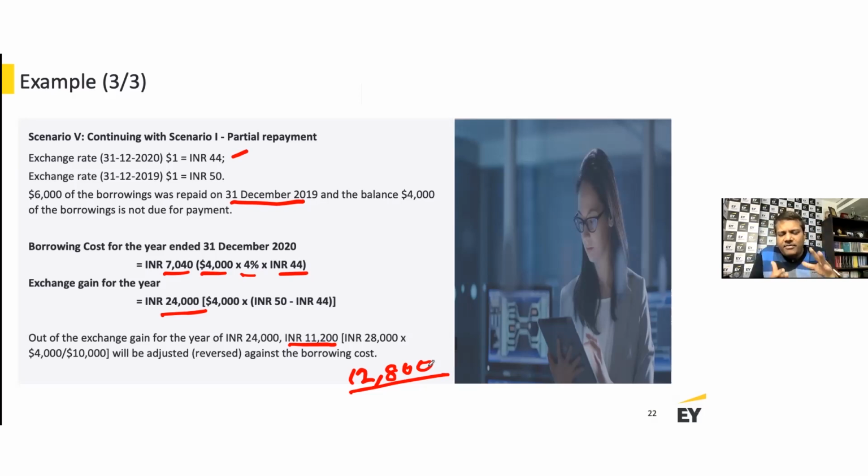To that extent it is allowed to be capitalized, the lower of the two. And in the subsequent years, if that situation has reversed, then you also have to reverse and adjust that exchange gain in the subsequent period to the extent of the exchange loss which was capitalized. So in a way, you'll have to maintain detailed ledgers around this.